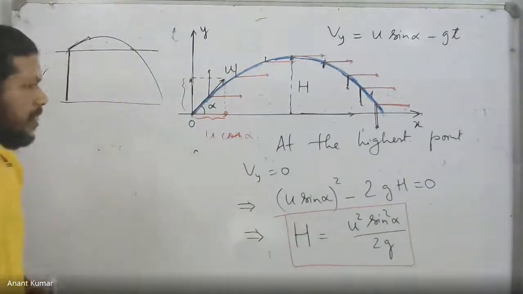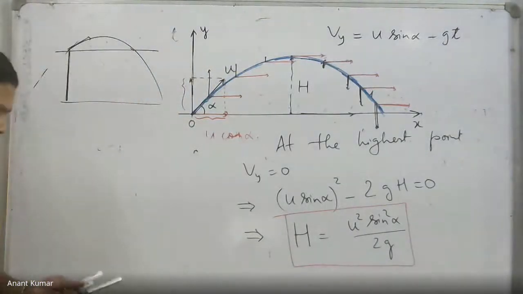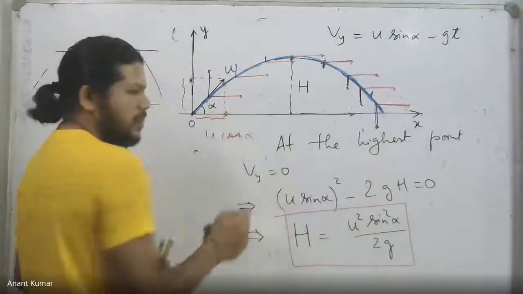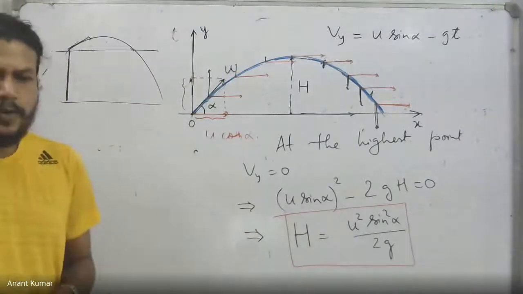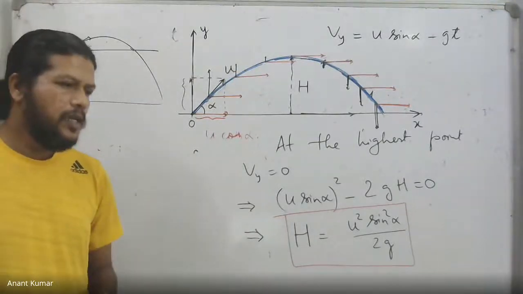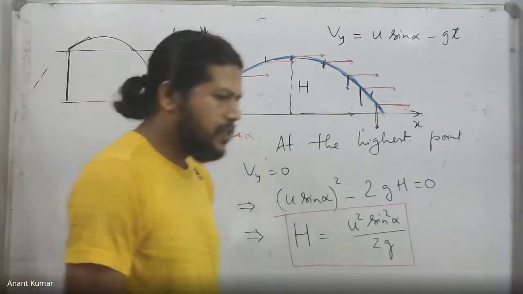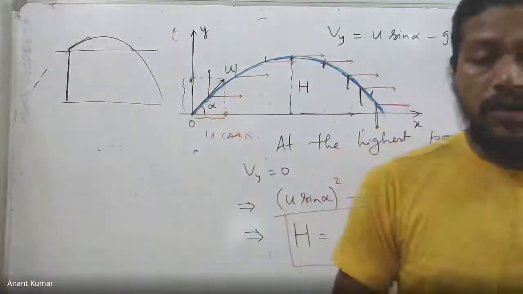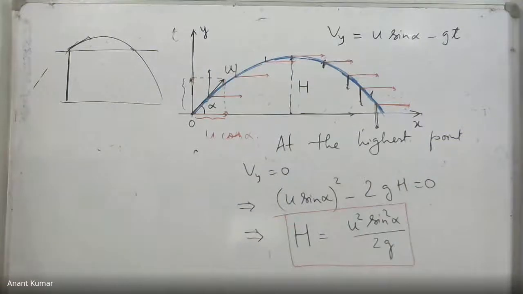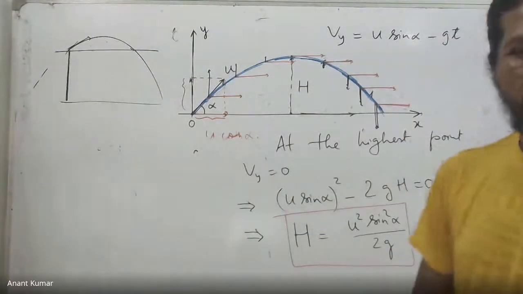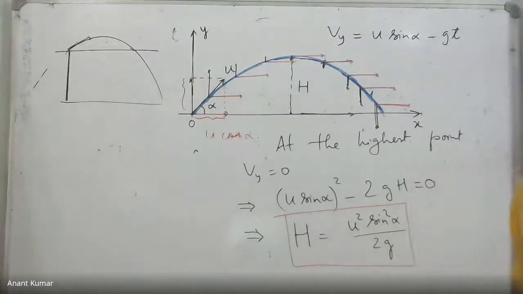If I look at the range in this case, the horizontal range of the projectile is this distance: the distance from the point of projection to the point where the object strikes the ground once again. Obviously, if I take a different plane, like this, then the range on that plane will be different.